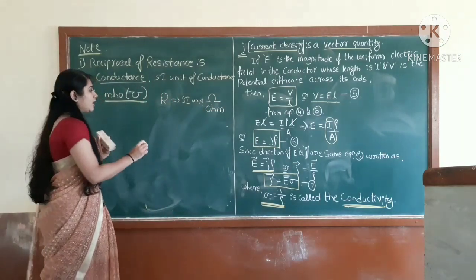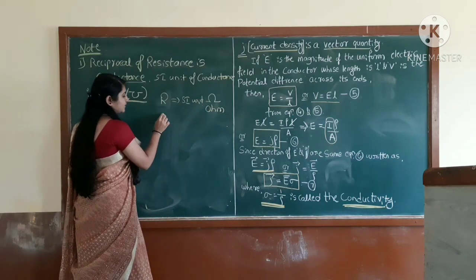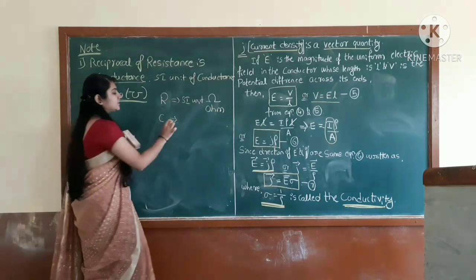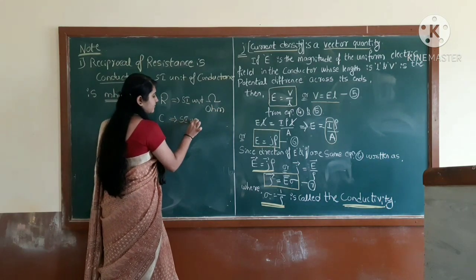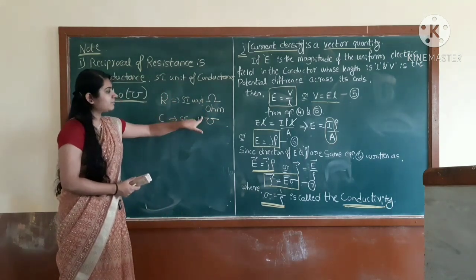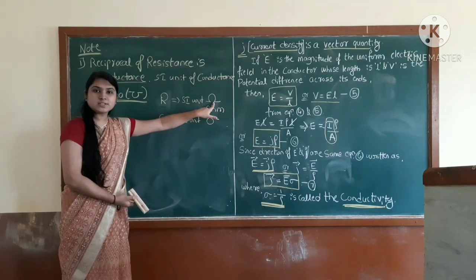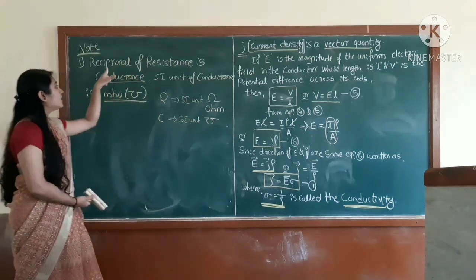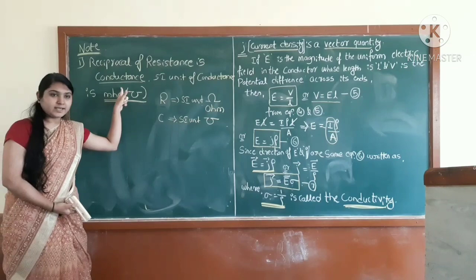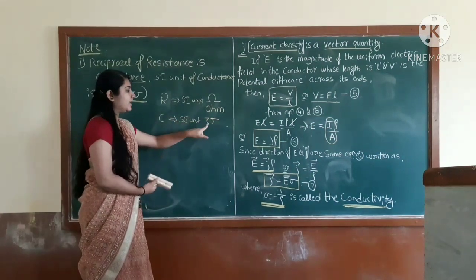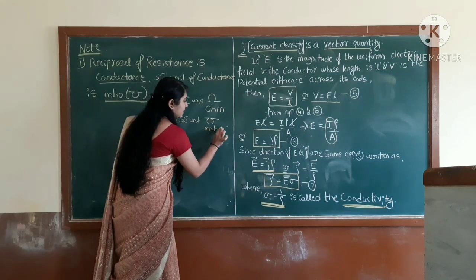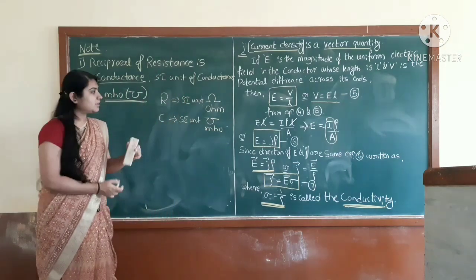Now we are saying conductance; you can write it as C. Its SI unit is the opposite. Just compare this one and this one. That's why I told you the reciprocal of resistance is conductance. It is ohm and it is mho, M-H-O.